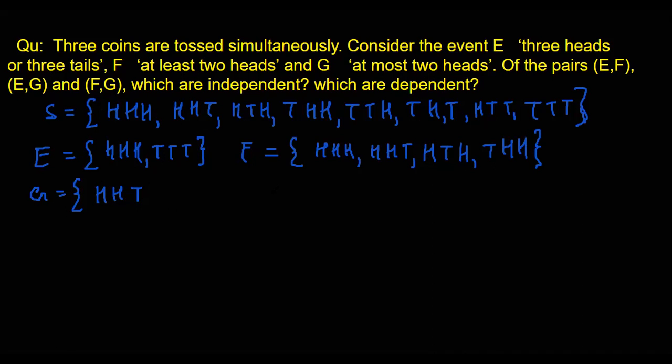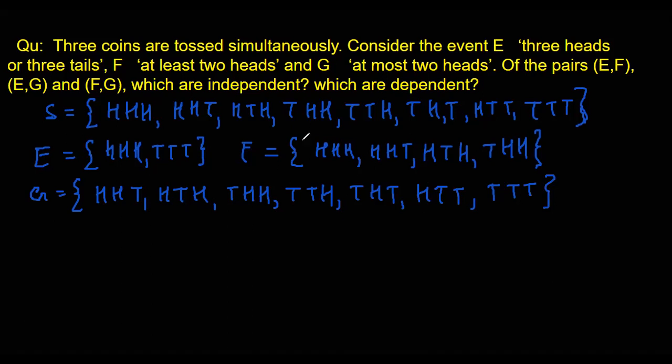So all these: HHT, HTH, THH, TTH, THT, HTT and TTT. There are seven elements. Of the pairs EF, EZ, FZ, which are independent and which are dependent?